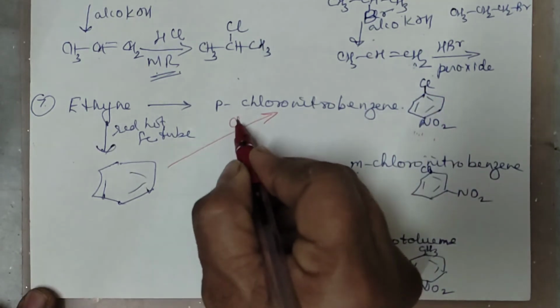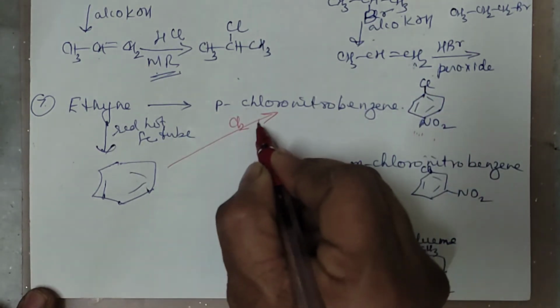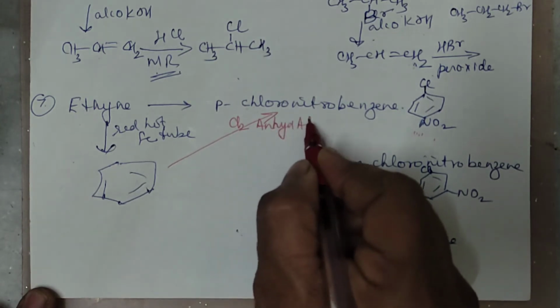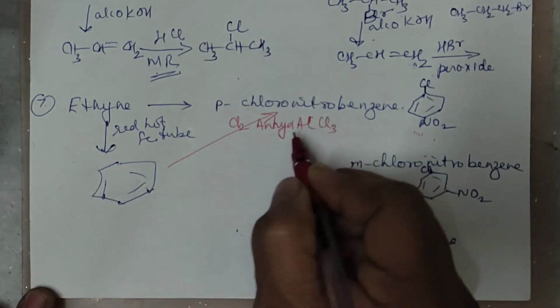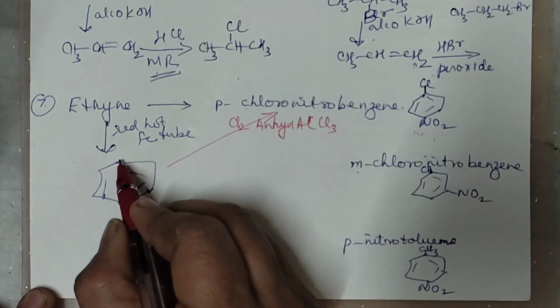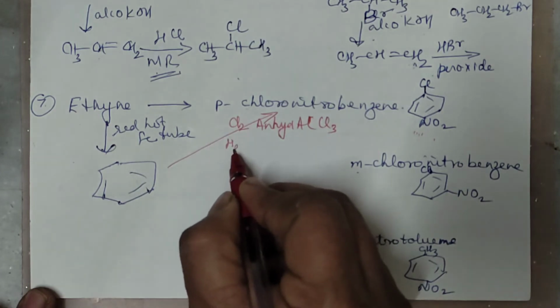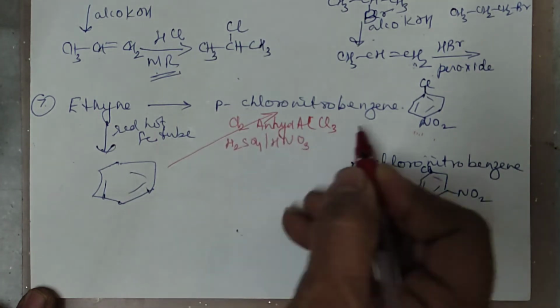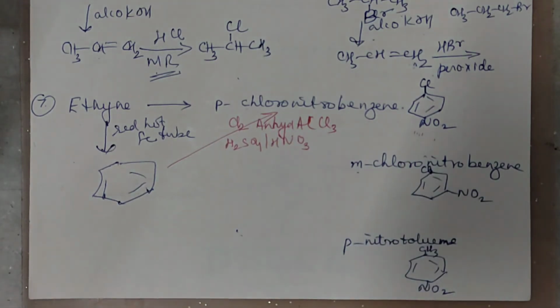The first step will be adding chlorine in the presence of anhydrous AlCl3. So first you will get chlorine introduced. After that you will carry out the reaction with H2SO4 and HNO3. Then you will get the nitro group introduced at the para position.